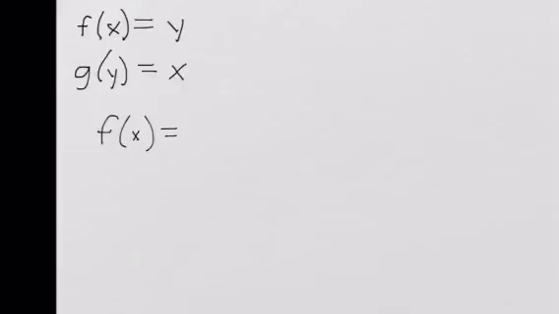So if I were to give you f of x is equal to x cubed plus 8, and we want to find the inverse of this. The first thing we're going to do is replace f of x with y.